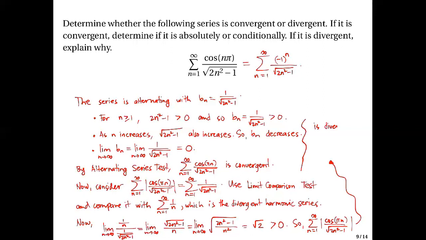Is divergent, which means that the original series is conditionally convergent. So the series cosine pi n over square root of 2n squared minus 1, n from 1 to plus infinity, is conditionally convergent.